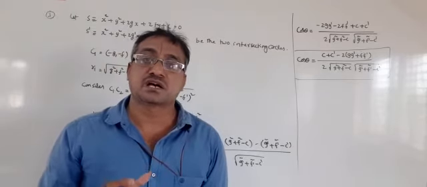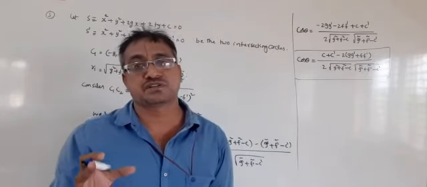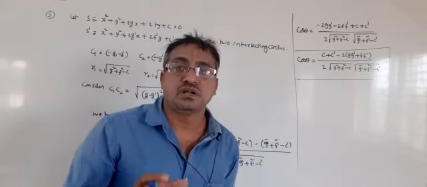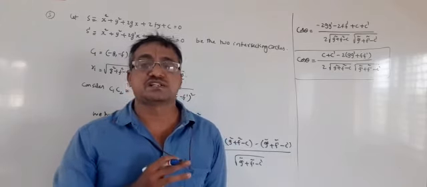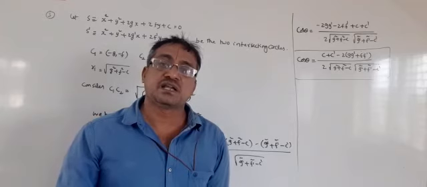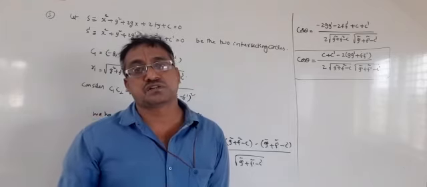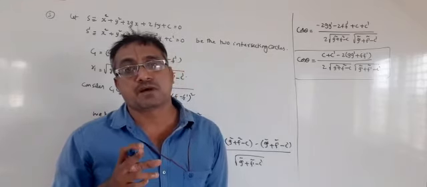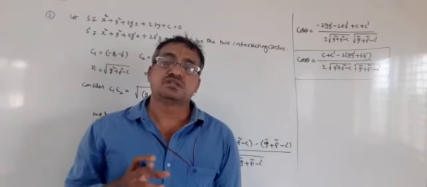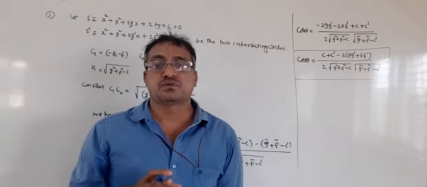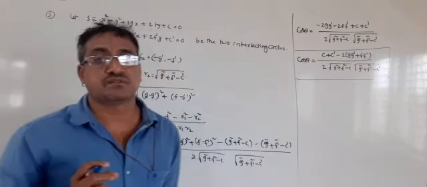If the given circles are in general form, that is x square plus y square plus 2gx plus 2fy plus c is equal to 0, and x square plus y square plus 2g dash x plus 2f dash y plus c dash is equal to 0, in this case, to find the angle between two circles, we use the formula cos theta is equal to c plus c dash minus 2 into gg dash plus ff dash by 2 root g square plus f square minus c into root g dash square plus f dash square minus c dash. That is very, very important.